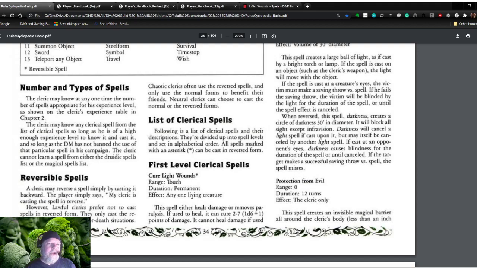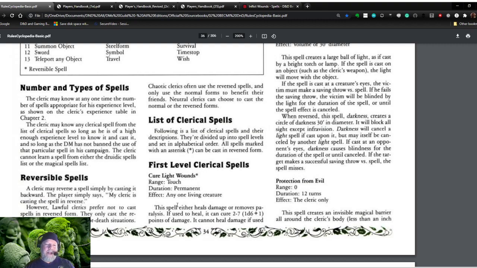Alright, as we go into the very first original rules of D&D, we'll see that from the very first level, clerics have always had Cure Light Wounds, or Cure Wounds, as the case is. But you'll notice here it has a little asterisk, and all spells marked with an asterisk can be cast in a reversed form.